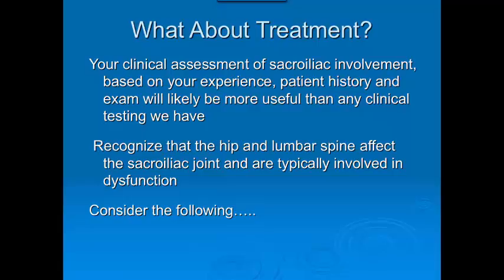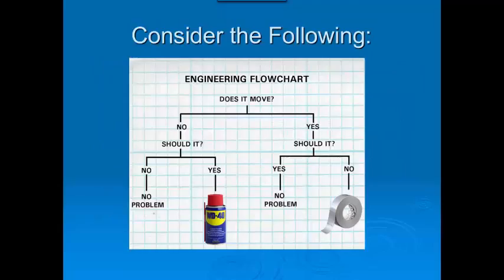Also recognize that hip and lumbar spine dysfunction affects the SI joint. These joints are typically involved in SI joint dysfunction and are important to examine and treat with relationship to SI joint dysfunction. In helping to sort out this vast confusion with regards to the SI joint, please consider the following.